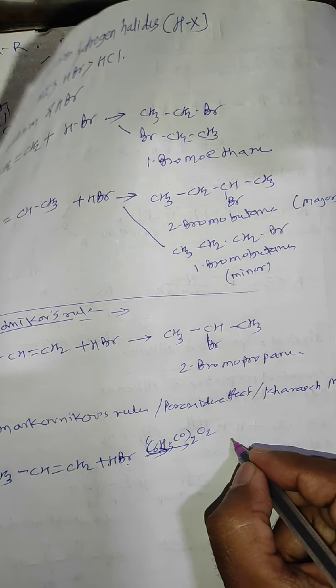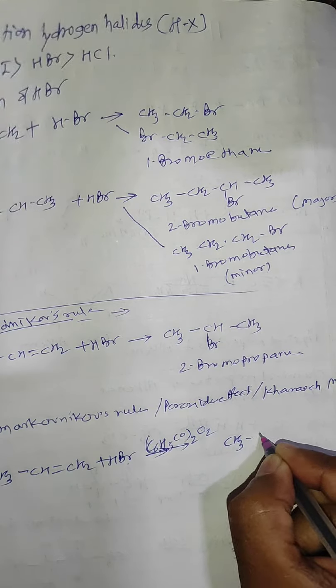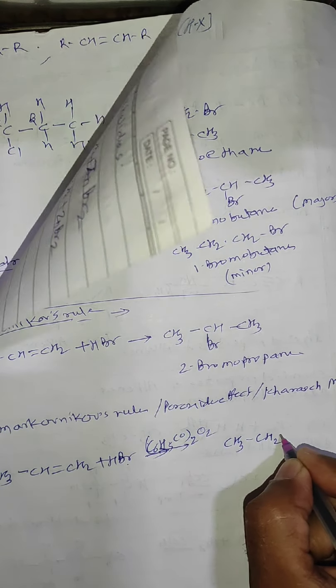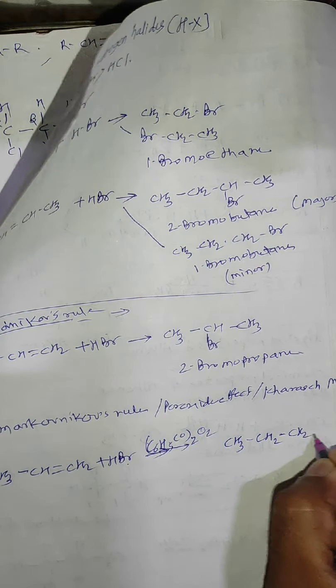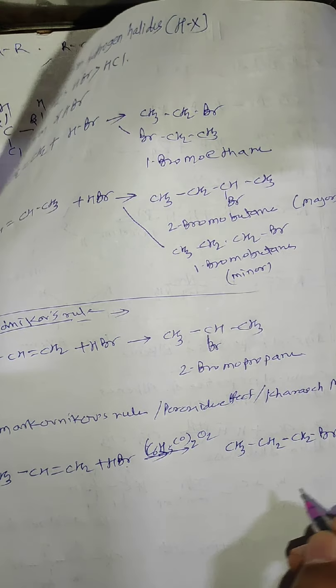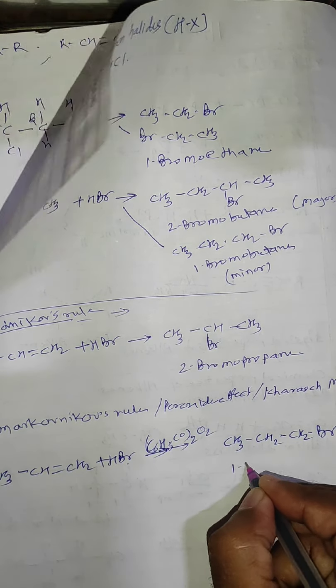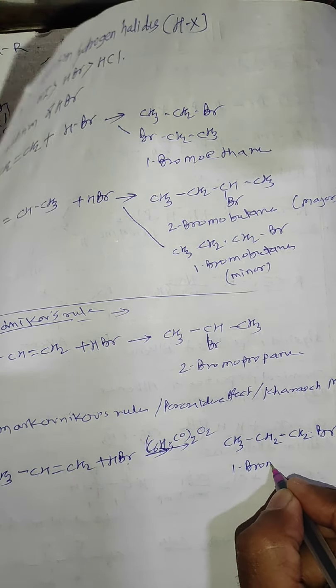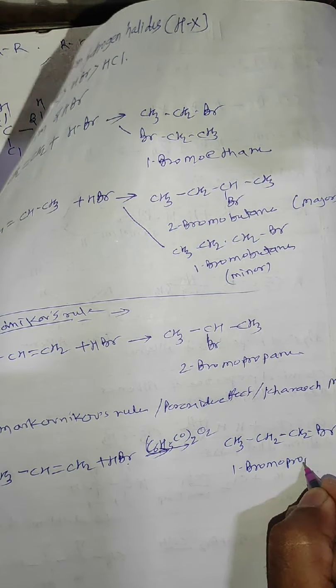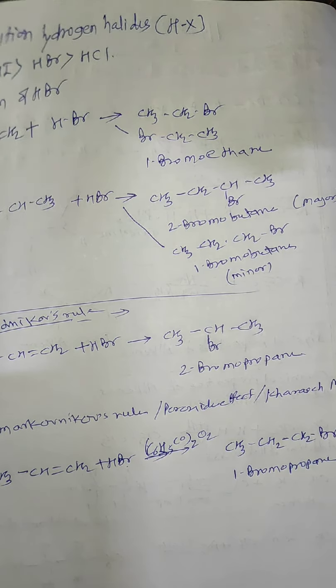That's why CH3CH2CH2Br, 1-bromopropane, is formed.